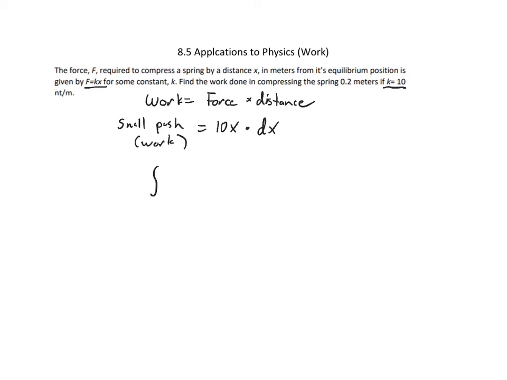We're going to do this for a total of 0.2 meters. So from 0 to 0.2, 10x dx. And if we compute that value, we'll get 0.2. And remember, our units here are going to be what we call joules because we're using newtons and meters.